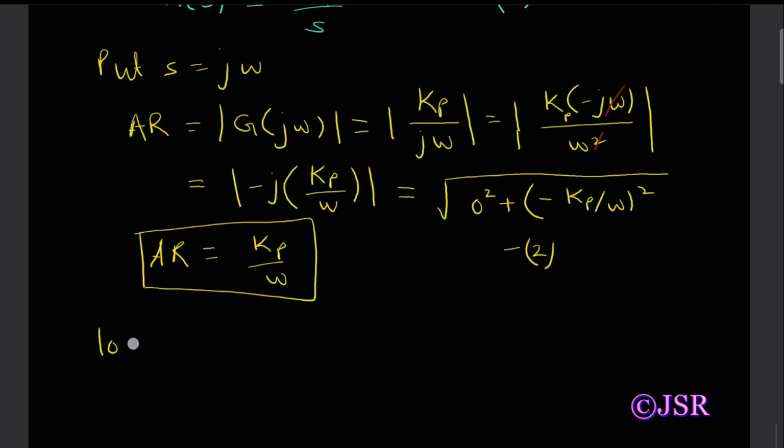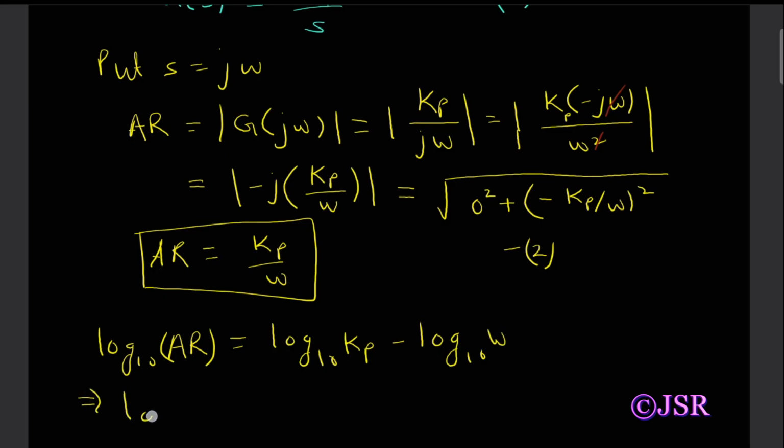Now taking log 10 of AR will be equal to log 10 of Kp minus log 10 of omega.